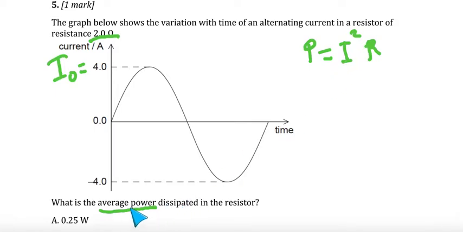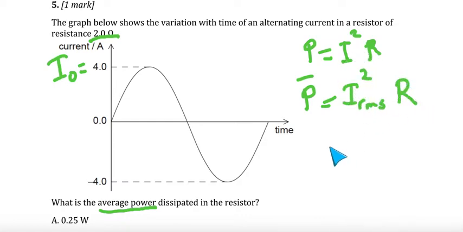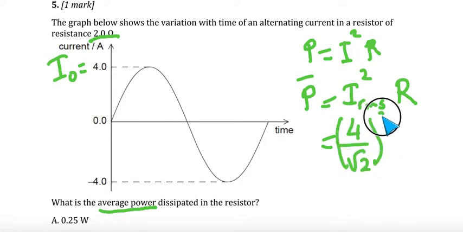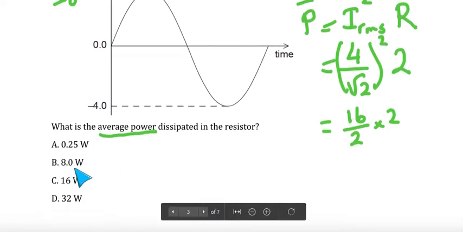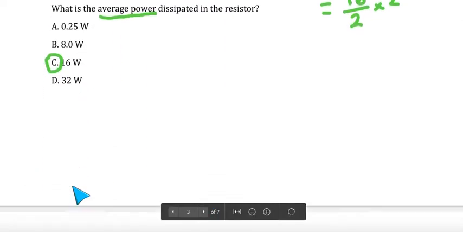Since I'm looking for average power, this relates to the I RMS squared times R. I RMS is I0 divided by root 2, so 4 divided by root 2. This is being squared times the resistance of 2. When you rearrange this, this is 16 over 2 times 2. You get 16. The answer is C.